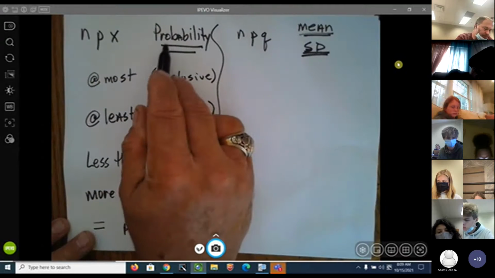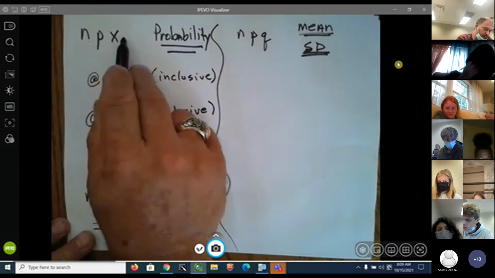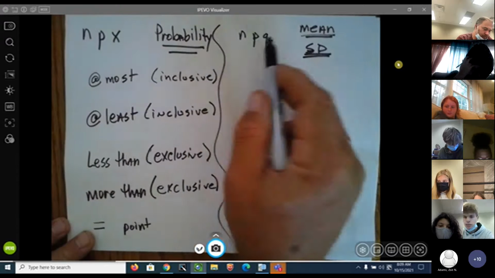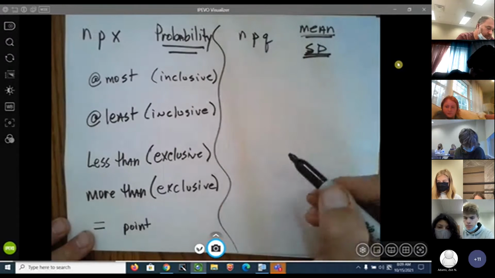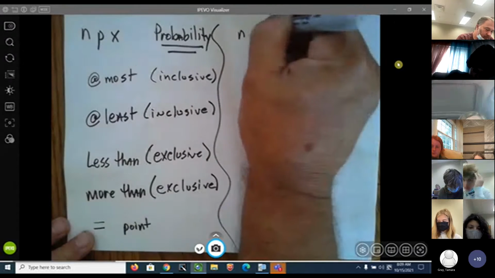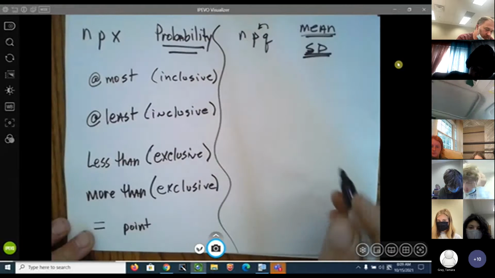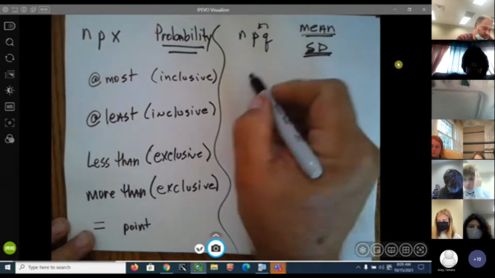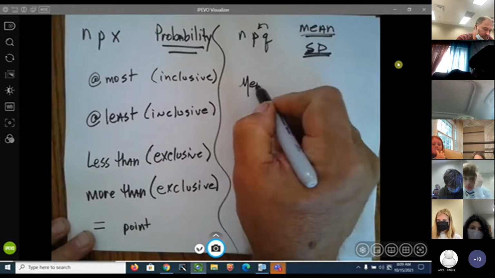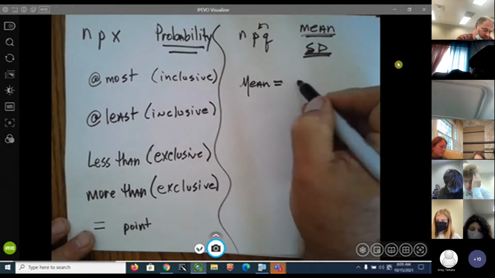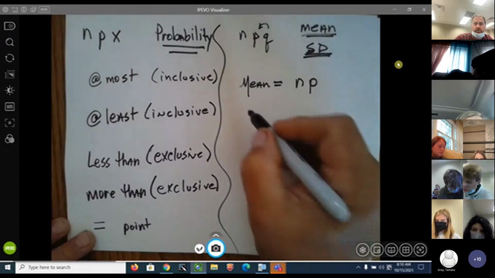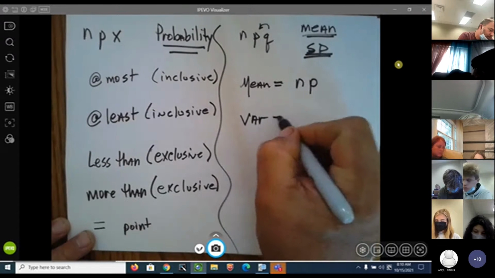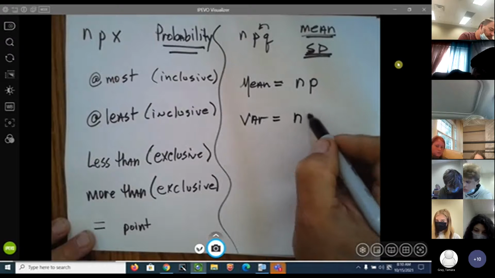It's either going to ask for the probability, you use NPX, or it's going to ask for the mean and the standard deviation, use NPQ. And Q is the complement of P. The mean is equal to N times P. The variance is equal to NPQ.